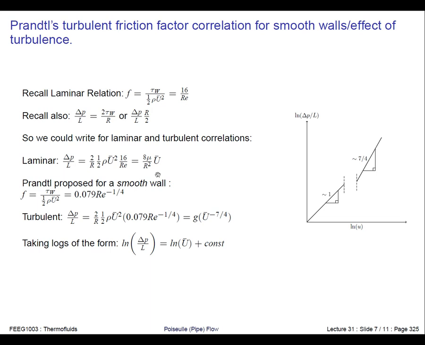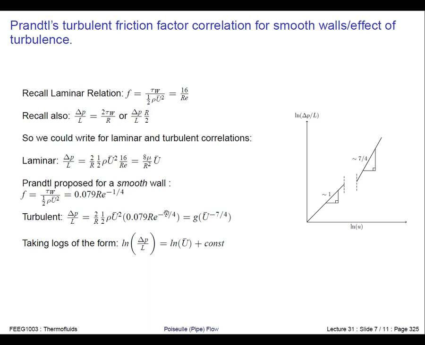Then we take logs of this equation, and we can plot it on a curve that has log of the velocity on the x-axis and log of pressure drop per unit length on the y-axis, and we end up with a gradient of 1, because this is u to the 1 effectively.